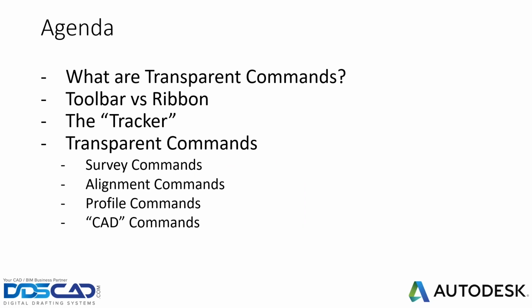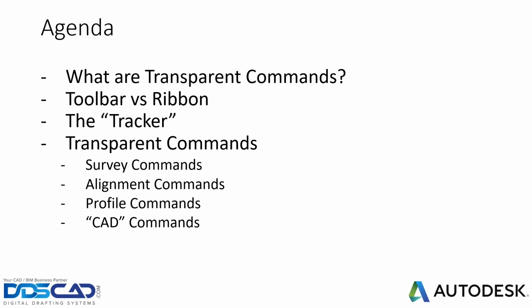On the agenda, I'm not really big on PowerPoint, so I won't spend too much time here. Basically, I want to discuss what the transparent commands are. We'll go over a brief definition if you've never heard of them or used them before. We'll go over the differences between the toolbar and the ribbon, which aren't that many. Once you see what the transparent commands are, you'll see why I'm explaining this thing called the tracker.